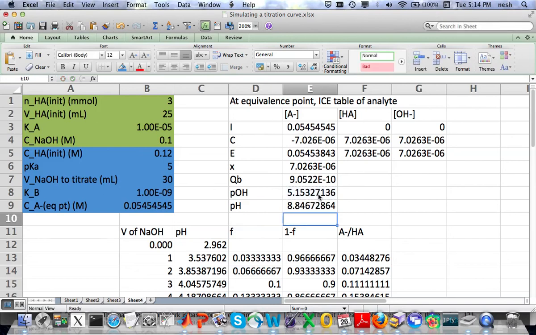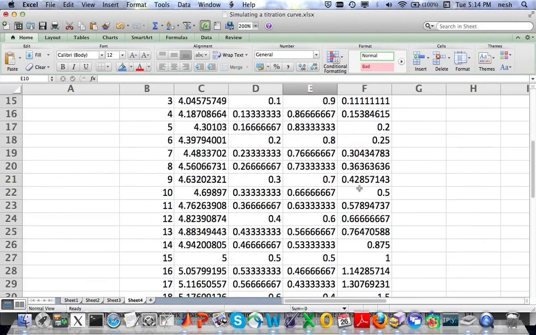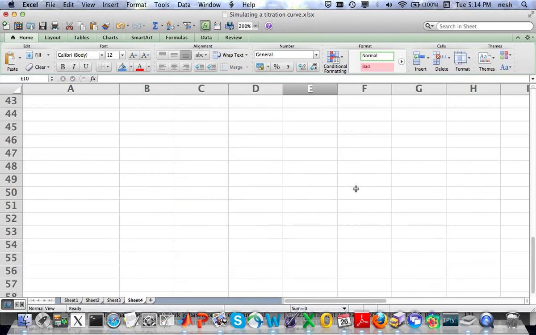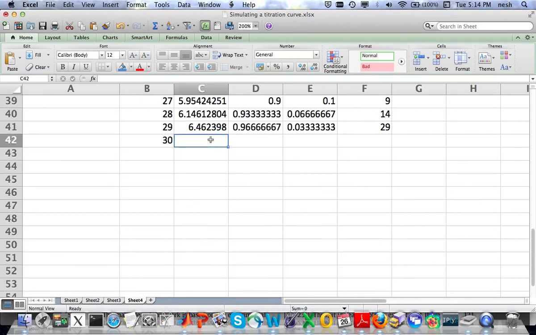So it looks like my final pH is 8.8, which I would maybe want to refine a little bit in Goal Seek, but it's looking pretty good to me. The last pH is 8.85, and so I'm going to go down here and say at a volume of 30, I get a pH of 8.85.